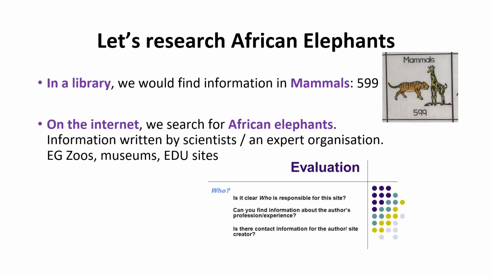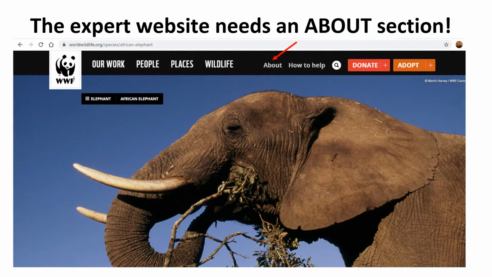So we really care about who is responsible for the site, and we can trust sites that are zoos or museums or educational sites where we know who wrote it because of the About section. So here we can see the World Wildlife Organization has an About section which tells us about their experts.